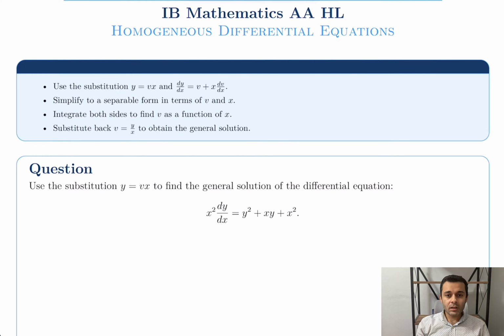First, what are homogeneous differential equations? Here, as you see, we have a differential equation. If you check that, the power on this term is 2, and on this term also 2, and here we have 2. Even here, since you don't have a power on x, it will be 1, and on y we have 1.